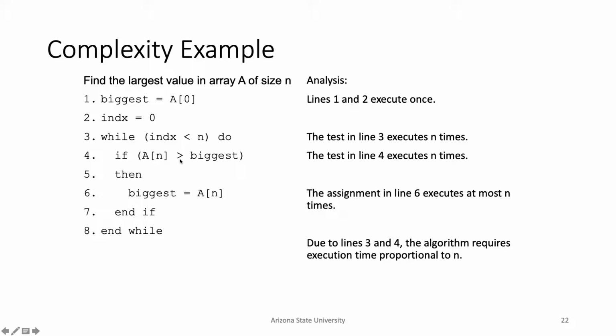By the way, did anyone see what the errors are here? This is not my code, but it's from the publisher. So what should this be? Should this be A of n? What is the observed element? Index. Yeah, it should be index here. What about here? It should also be the same.